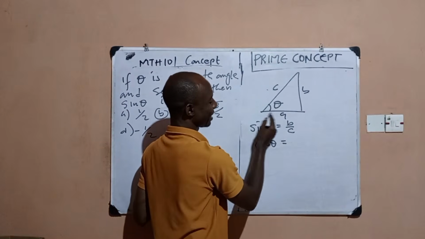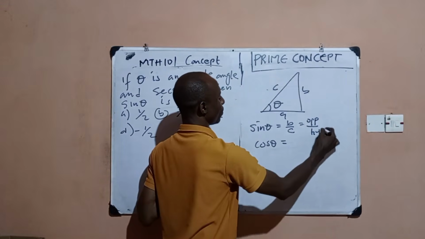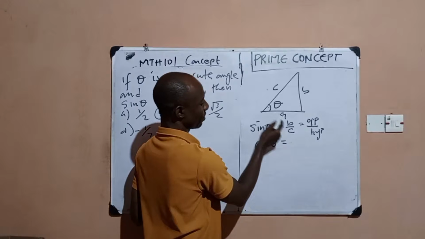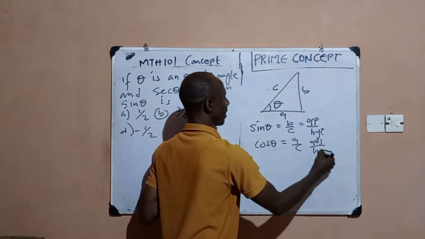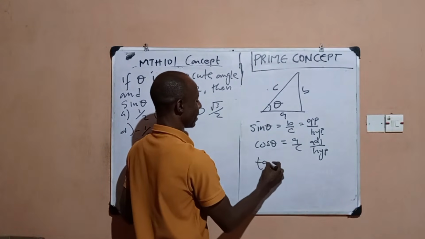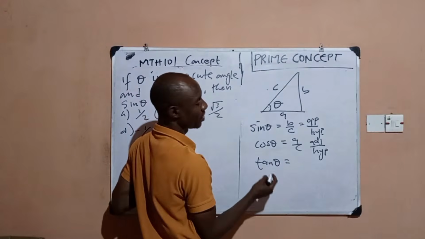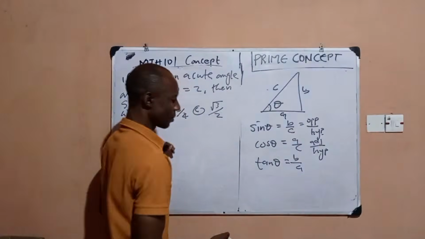Cos is adjacent over hypotenuse, that is A over C. Then you have tan theta. Tan is opposite over adjacent, B over A.